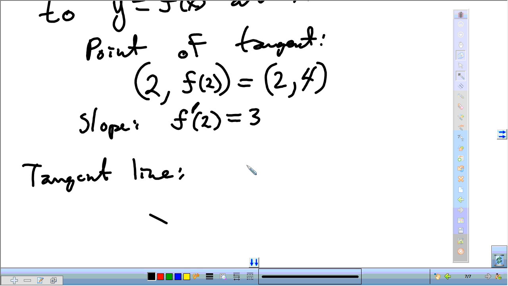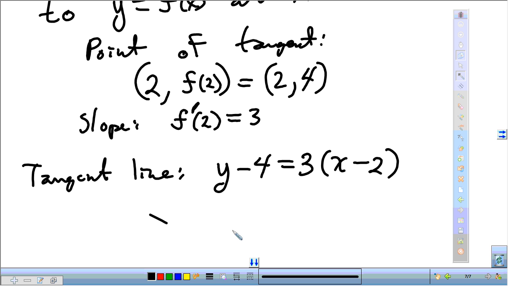And so we get a tangent line would be y minus the y coordinate of the point on the line is equal to slope times x minus the x coordinate of the point. So there's one form of the line. We could write it y equal 3x minus 2, which is the same line, if you prefer that slope-intercept form.